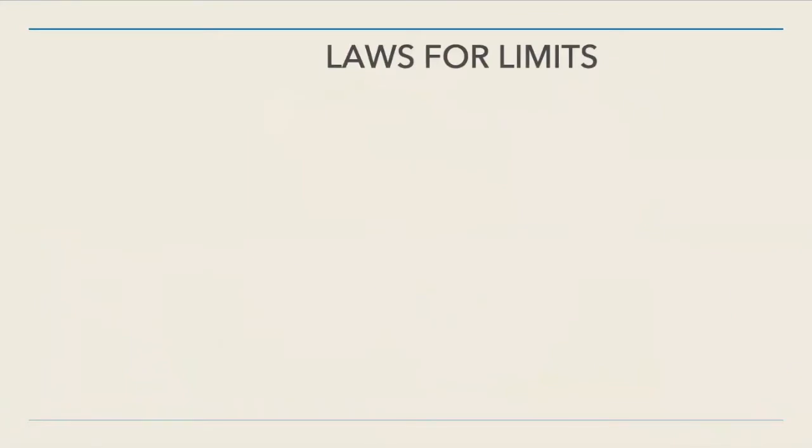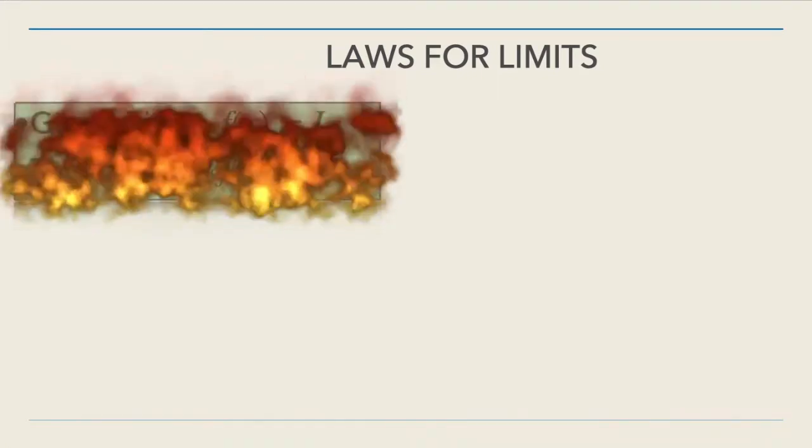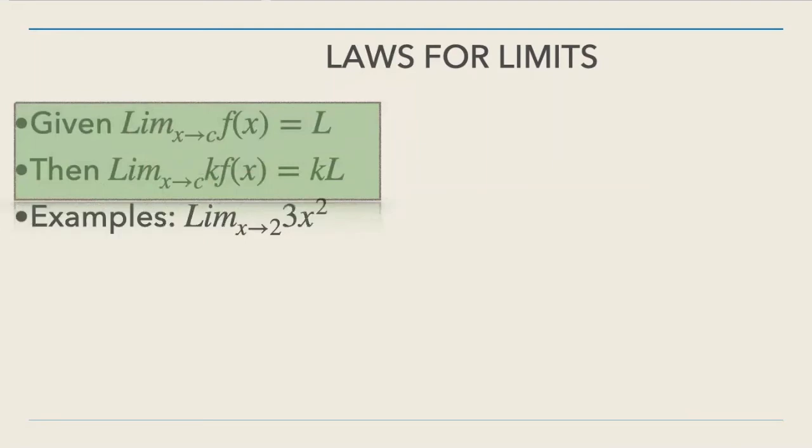Now, what are the laws? Say we're given the limit as x tends to c for some specific function is L. Now, if we have a constant, let's call the constant k, I'll multiply k by the limit. For example, take the limit as x tends to 2 for 3x squared.